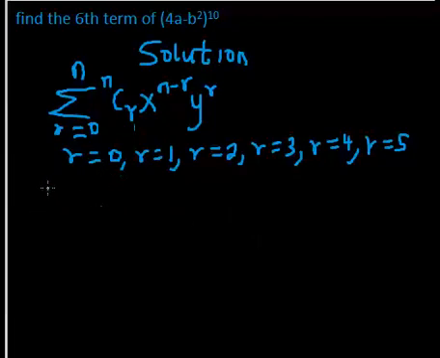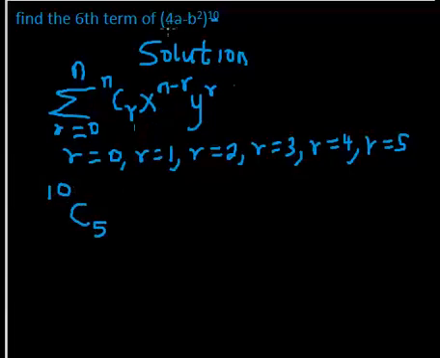Since r is 5, and of course the power is 10, what you're looking at here is 10 choose 5. Then of course what represents x now is 4a.